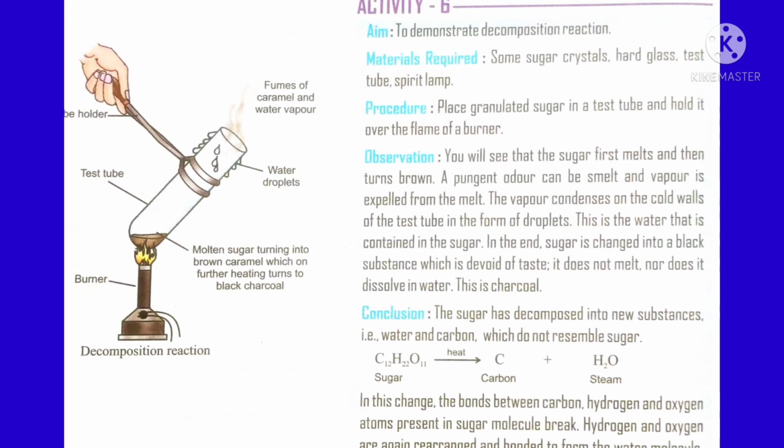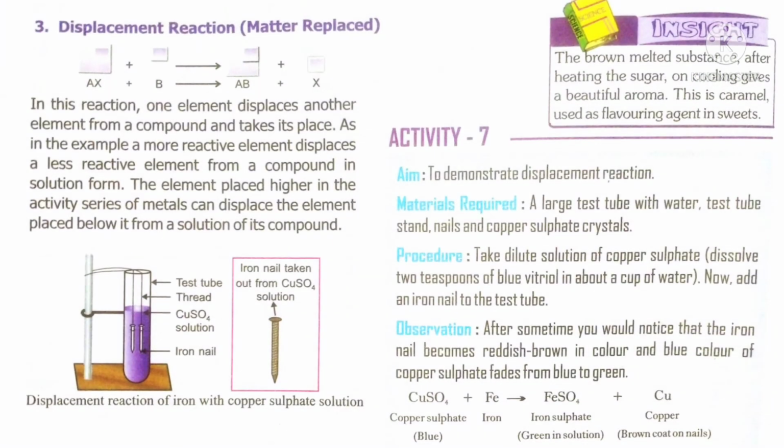The next type of reaction is displacement reaction. What is the definition of displacement? It is a reaction in which a very strong element displaces a weak element from the compound. Such a type of reaction is displacement reaction. For example, when you put an iron nail in the copper sulfate solution, iron is stronger than copper ion.